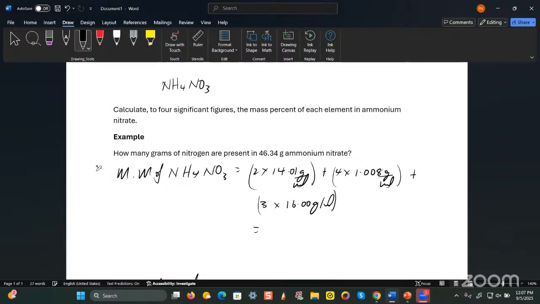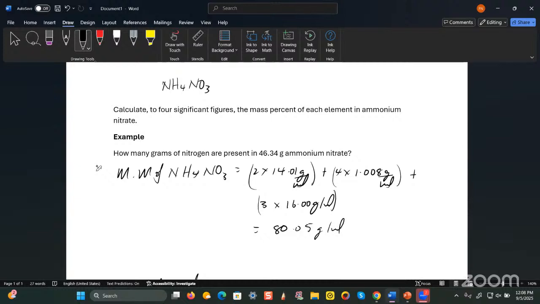So let's see what this gives. 14.01 times 2, and then I'm going to add that to 4 times 1.008, and then I'm going to add that to 3 times 16. Okay, so according to my calculations, and again, please correct me if I'm wrong, I got 80.052. In fact, I should round off to 80.05. So let me take that off. And this will be grams per mole, right?